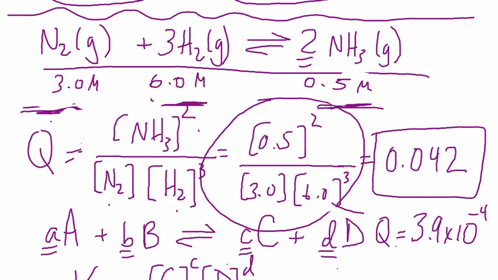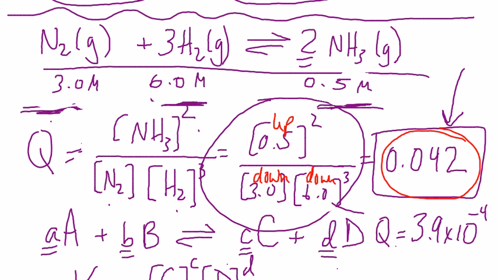And because Q, the snapshot concentrations at this time, is smaller than K, what this means is that the equilibrium needs to shift to the right to reestablish this value. So the reaction will produce more product such that this number will go up and these concentrations go down, and that happens until this ratio is achieved.